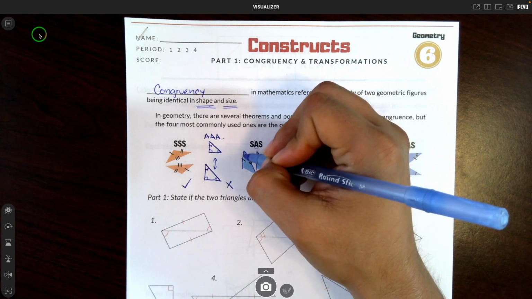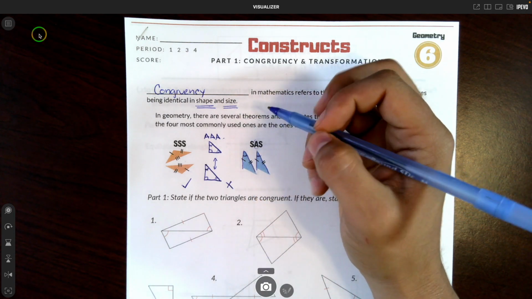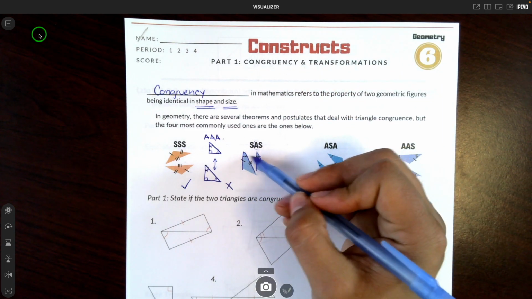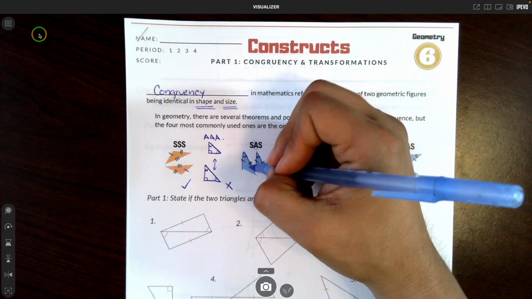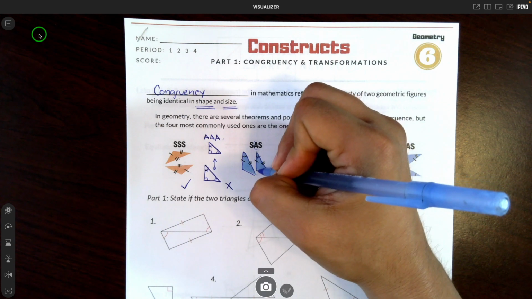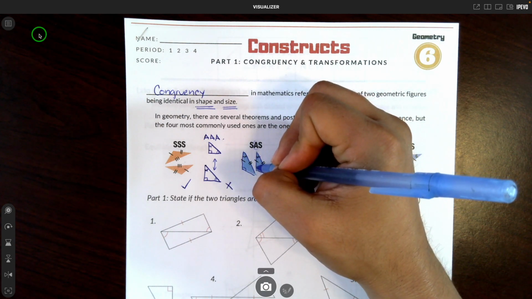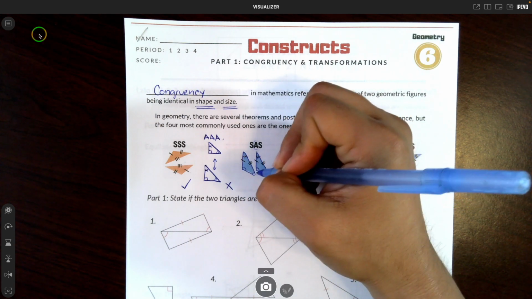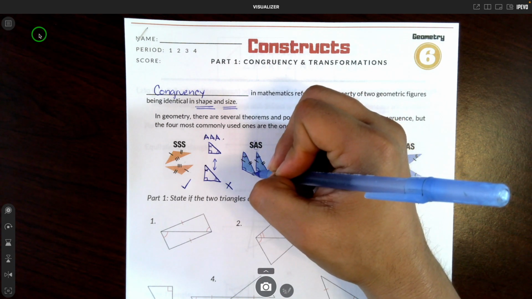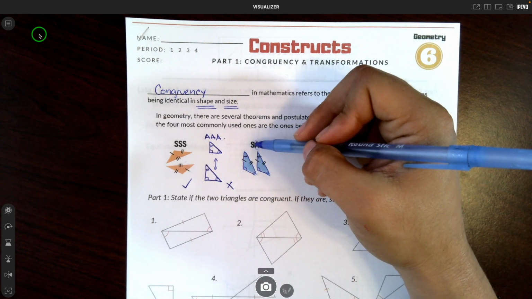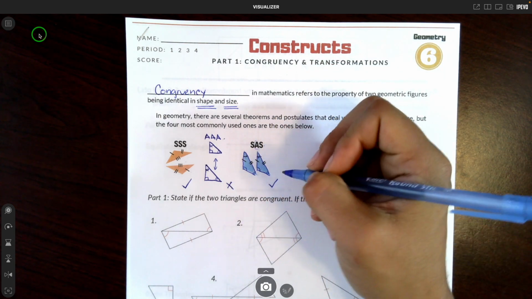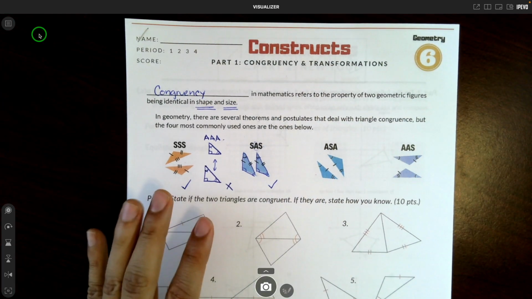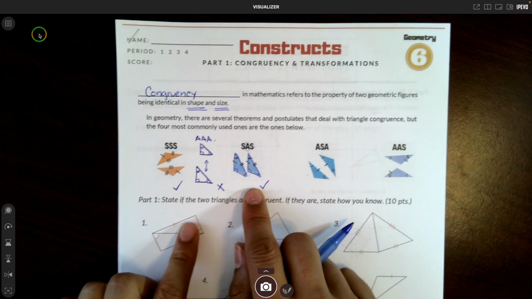And if we say that this angle in the middle is congruent to that one, they're both congruent, then this is a shortcut, meaning you don't have to measure this side. You don't have to check for this angle. You don't have to check for this angle. It's congruent just by us knowing side, angle, side. So that's a shortcut. Right now we're not proving these. I'm just telling you that these are shortcuts.